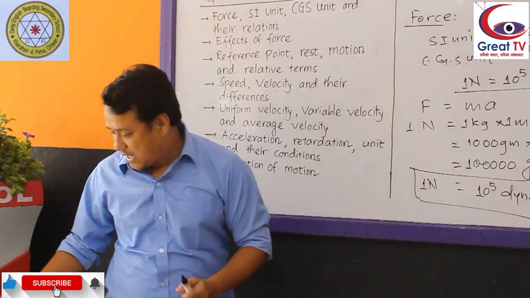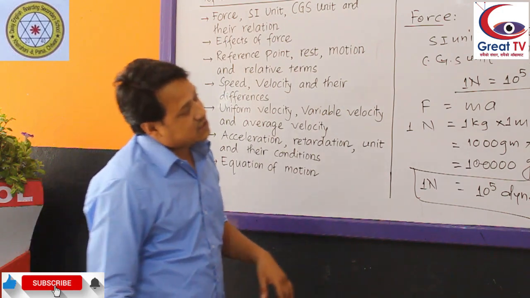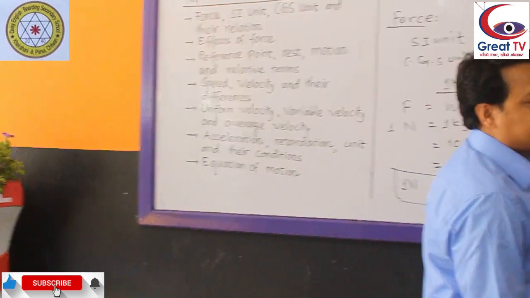And the speed formula is distance covered divided by time taken. So the speed formula is speed equals distance covered by time taken.